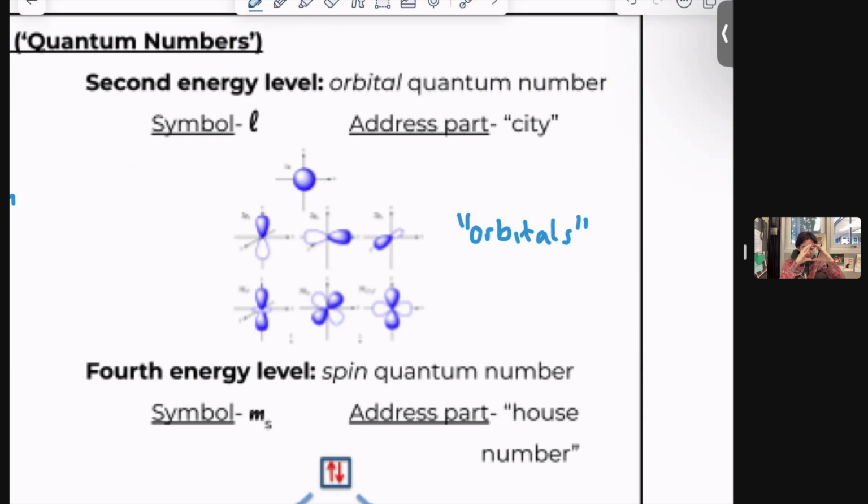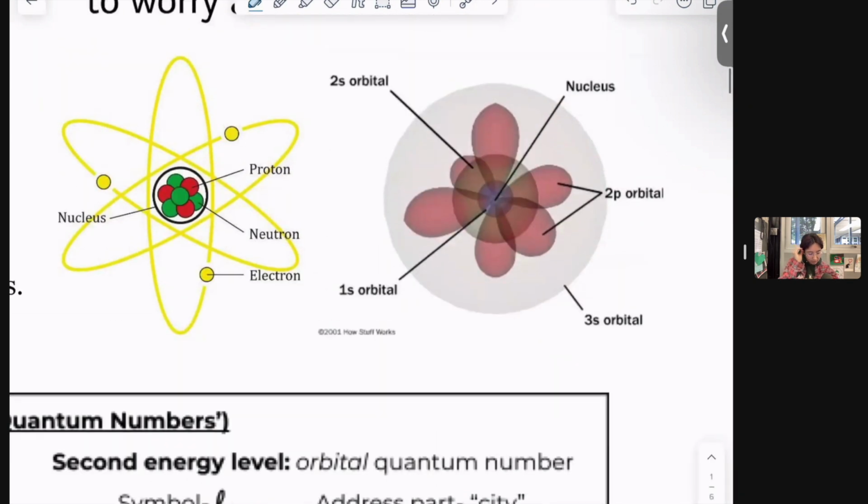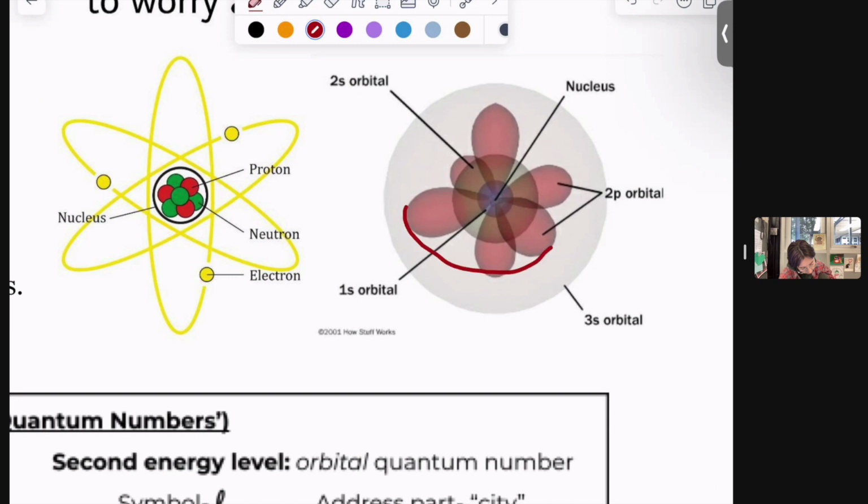Let's say we have n equals 2. In this picture, you can see your 2s and your 2p are labeled. So within n equals 2, within this distance from the nucleus, electrons can be hanging out in these different orbitals.